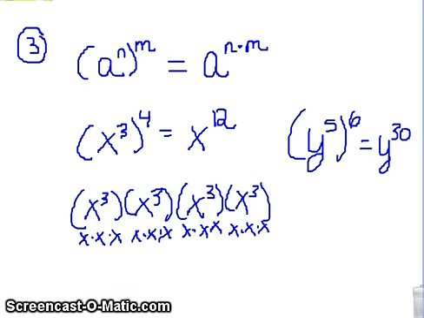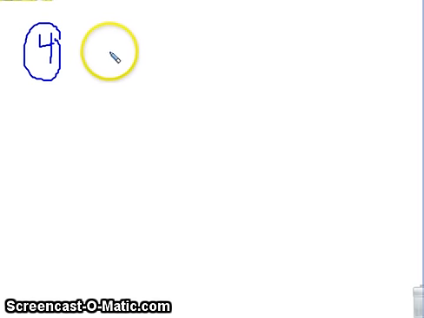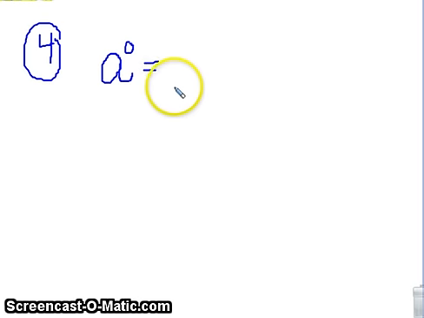Now, for rule number 4, a to the 0 power is going to be equal to 1.